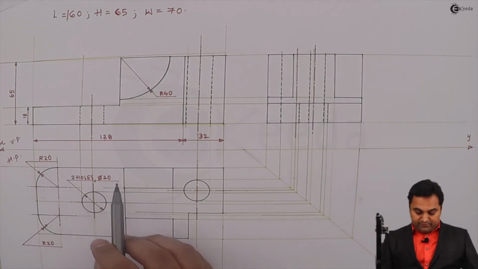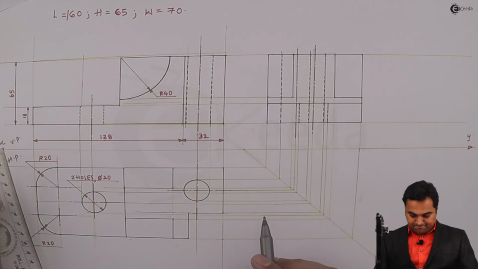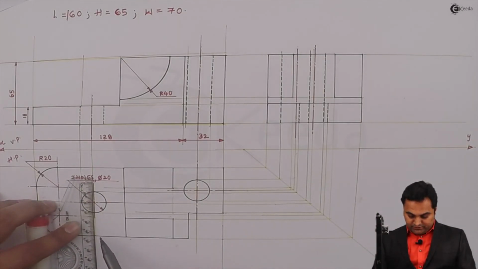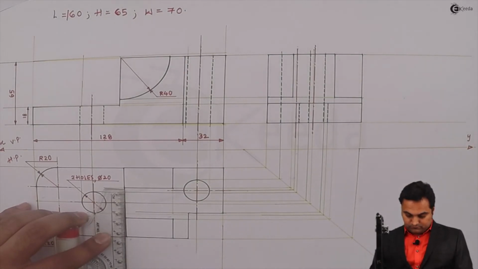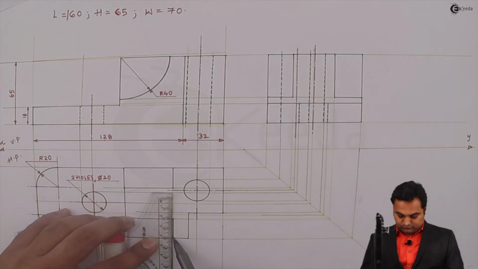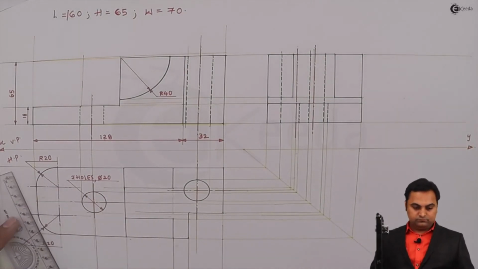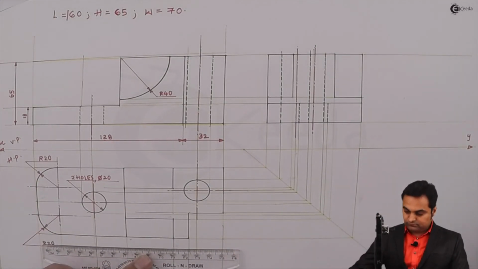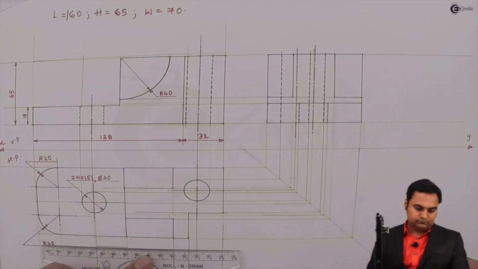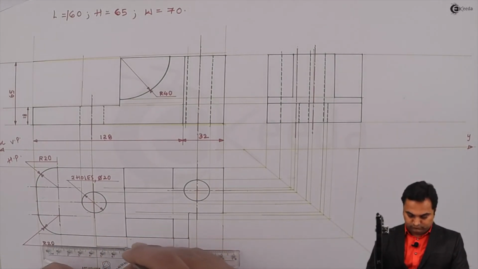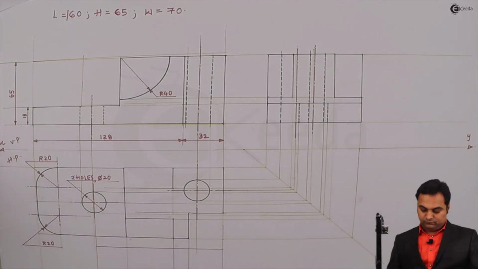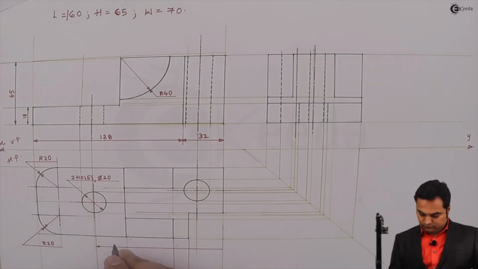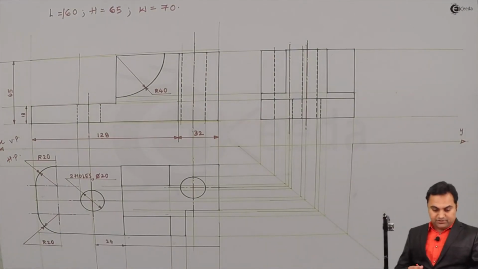There are two holes of diameter 20. Next, the location of the center for the holes. So here I'll give the dimensions.